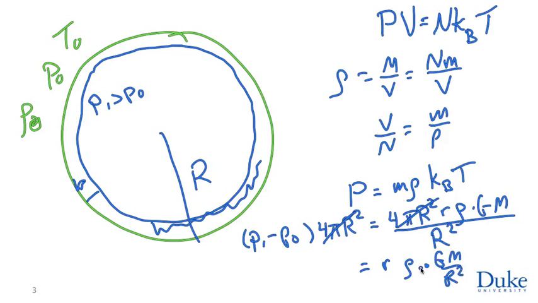Okay, now that tells me that if I know the pressure here, I can tell the pressure there. I want to figure out the density and the temperature in here.